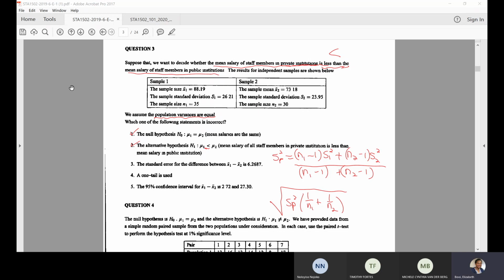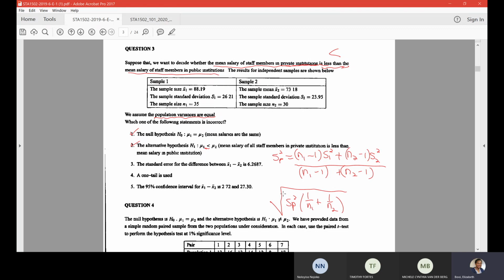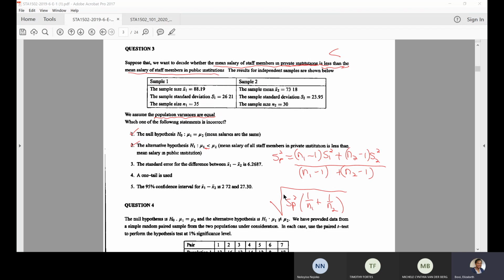And this is where I said you need to work through these exam papers outside of this session so that then we can look at the questions and see if you get the different answers.